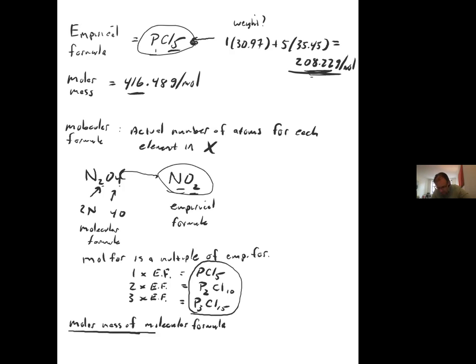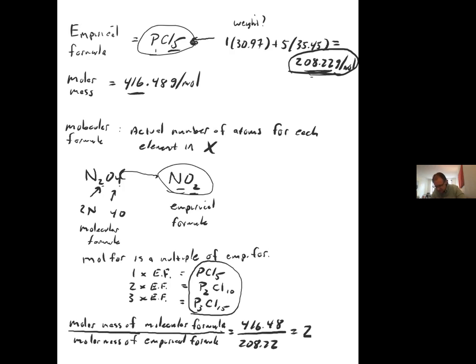And you divide it by this number you just calculated, the molar mass of the empirical formula. And you're going to get a whole number. It should be a whole number. So 416.48 divided by 208.22, and that gives you almost exactly 2.